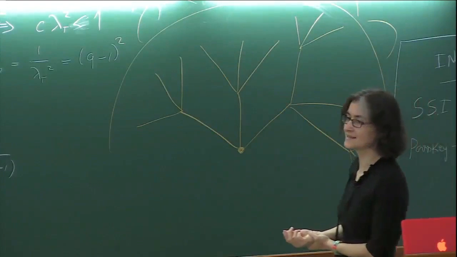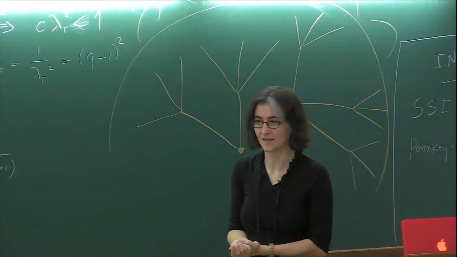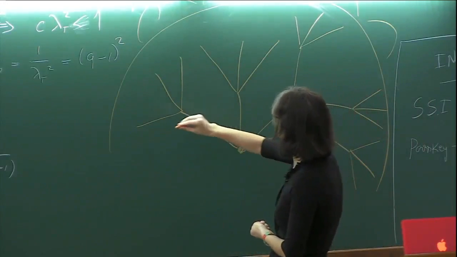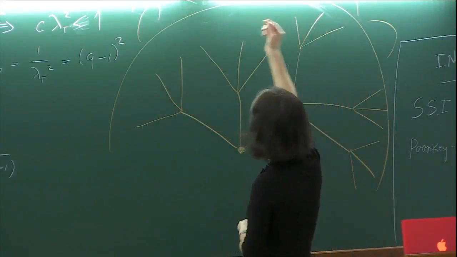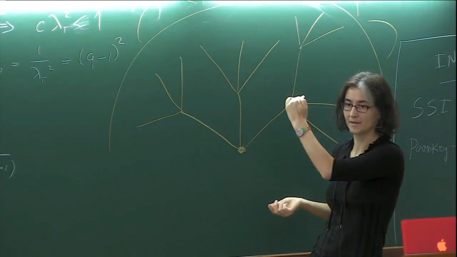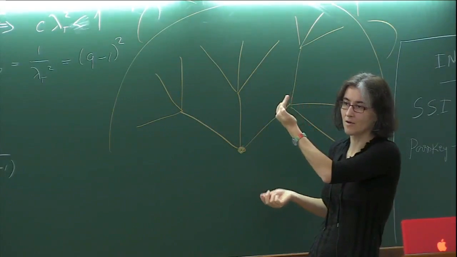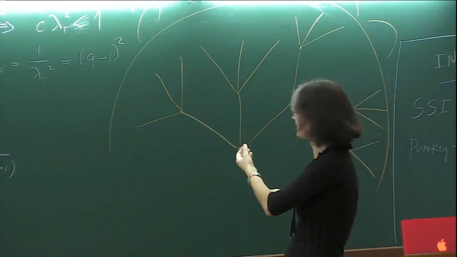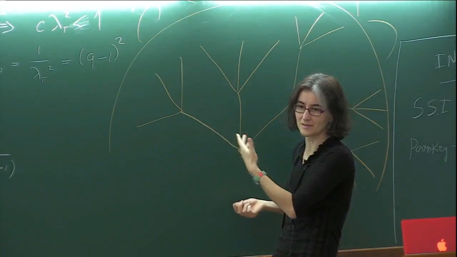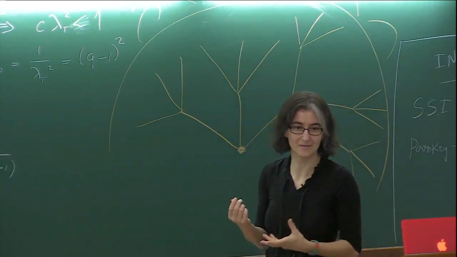If we had some kind of a really strong correlation decay, say that the root would not know anything about what's happening on the boundary if the boundary is far away, then however the boundary is correlated, what we get here doesn't depend on what is on the boundary. So that would be one of the cases where we are saved, right?